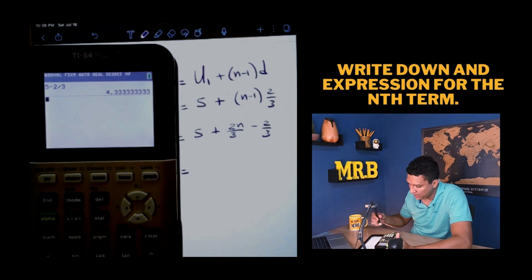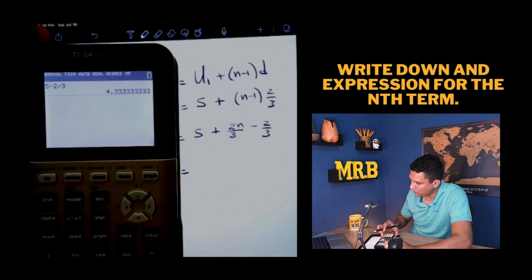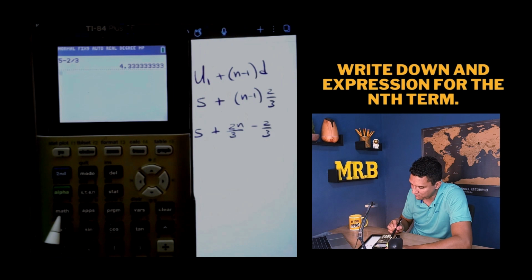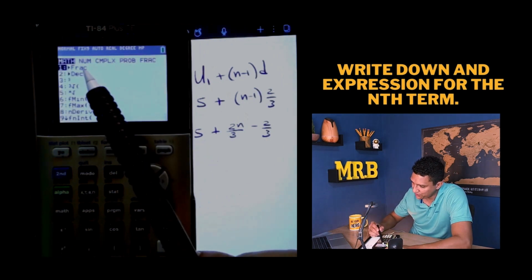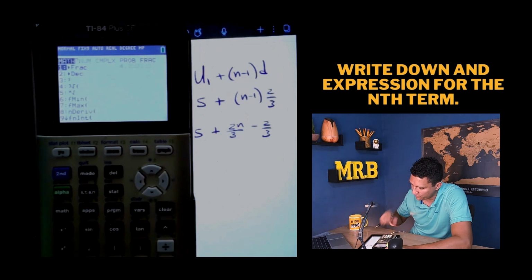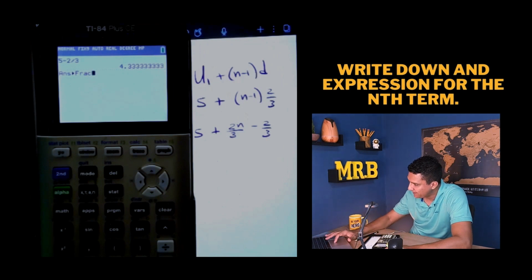If you don't know how to convert that, or you don't know how to do it mentally, there's something you can use in the calculator. Here, there's a key that says math. Okay, and the first option says change the answer to a fraction. So I'm going to press enter. As you can see, the calculator is telling me that it's going to convert the answer, which is in decimal, to a fraction.